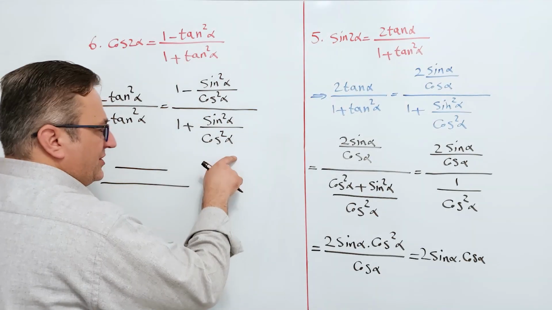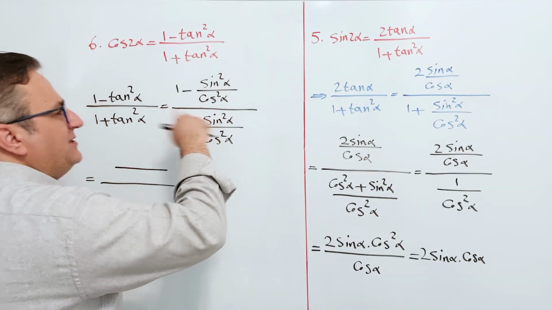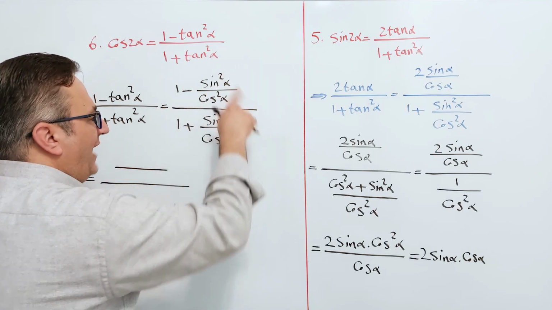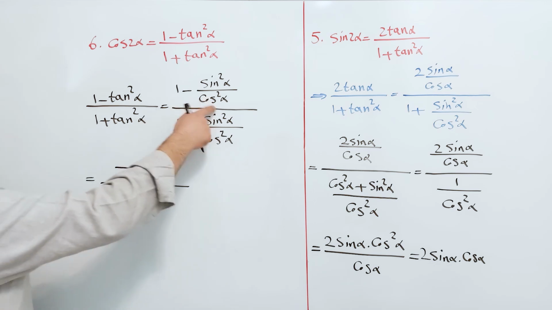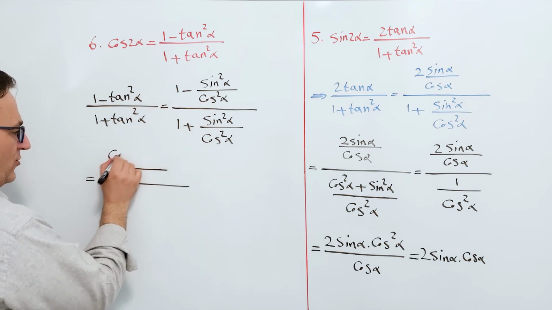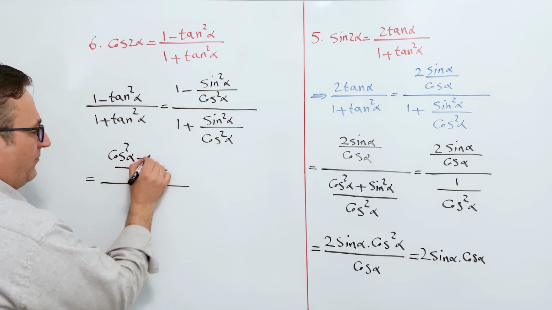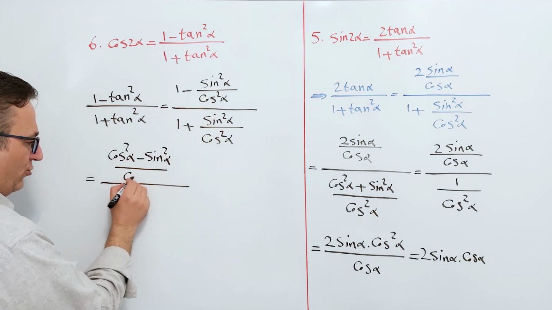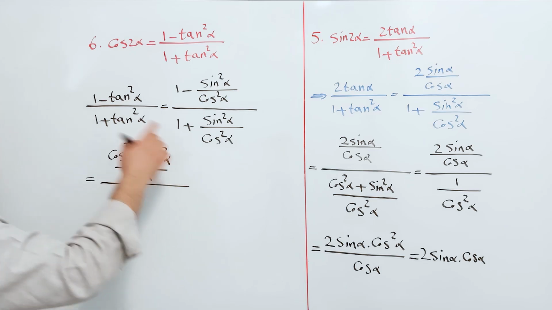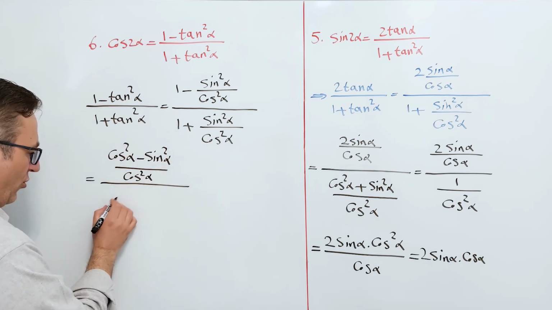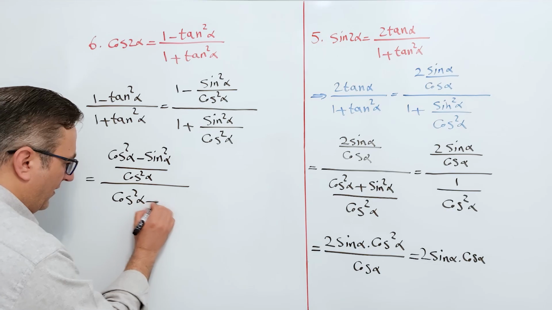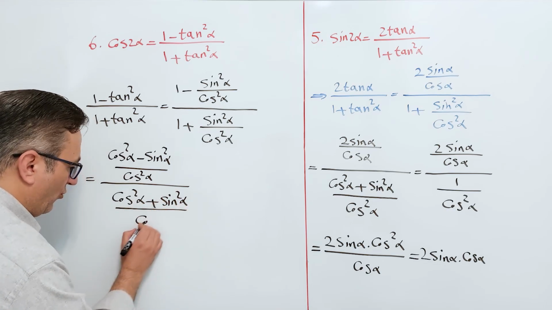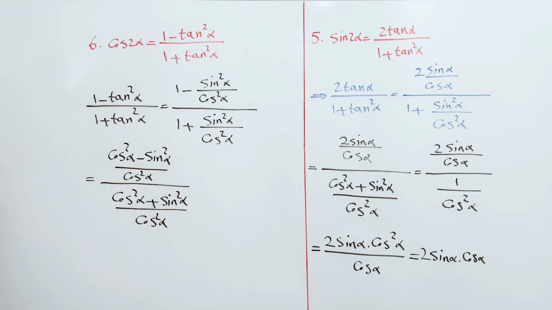So in this fraction, if we factor out the common denominator from both the numerator and the denominator, we have cosine squared alpha minus sine squared alpha divided by cosine squared alpha, divided by cosine squared alpha plus sine squared alpha divided by cosine squared alpha.